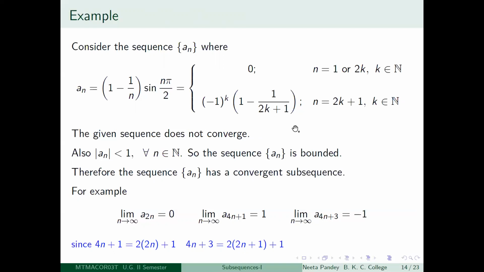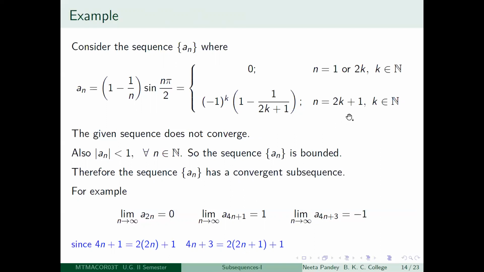So obviously this sequence does not converge. Why is it so obvious? It is because every even term goes to 0 and every odd term is hovering around either 1 or minus 1, depending on the k. If k is even, then this becomes positive, so it becomes 1 minus 1 by (2k plus 1), and if k is odd, then it becomes minus 1 plus 1 by (2k plus 1), right?